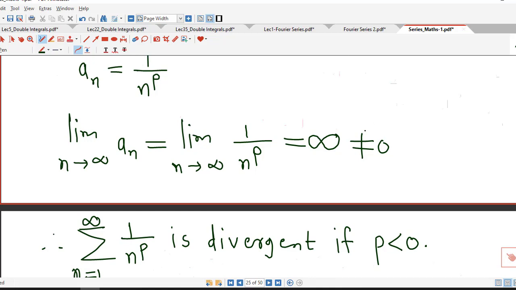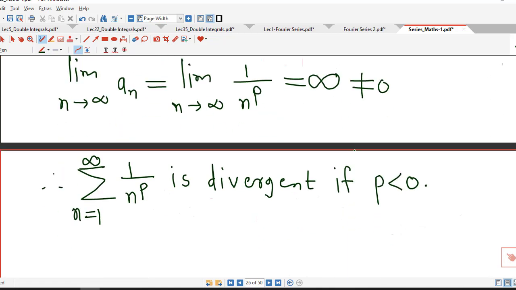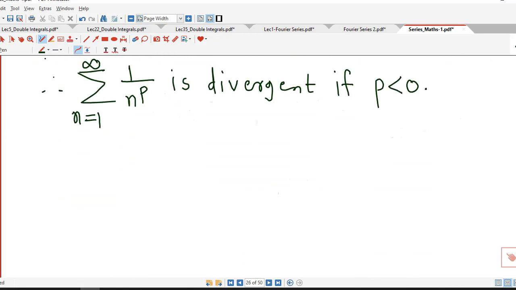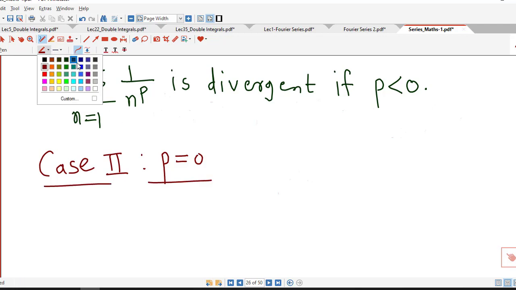So this P series is divergent if p is less than 0. Now we consider the case of p equal to 0. Suppose we consider p equal to 0, the second case.